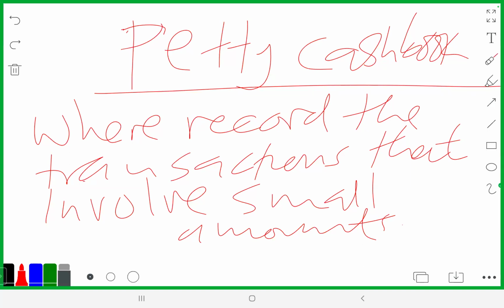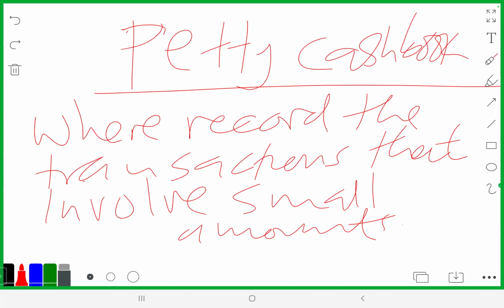For example, you are a company that is dealing in millions. Most of the transactions are in millions. And then you happen to want to buy maybe a pen, which could cost just $1.